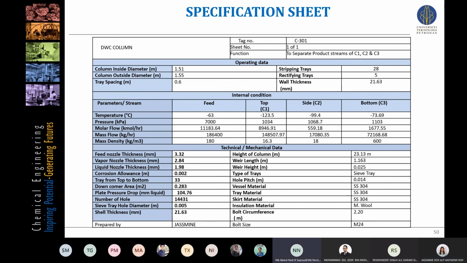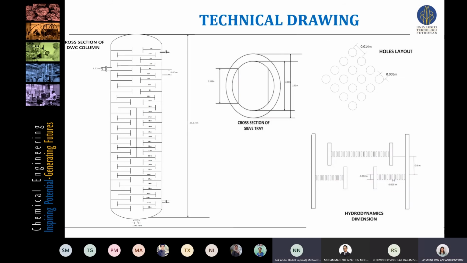If you look at the technical drawing, where does the feed enter? The feed enters at the 5th stage. Next slide. Oh, okay, I take control. Do you see it, sir?